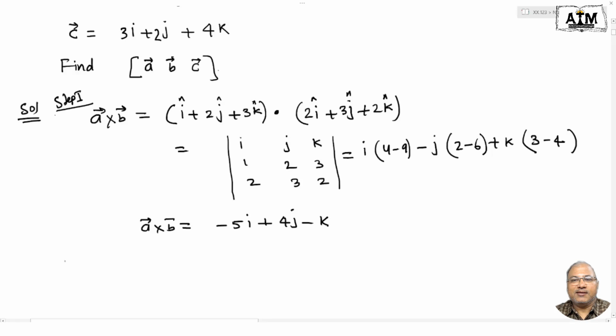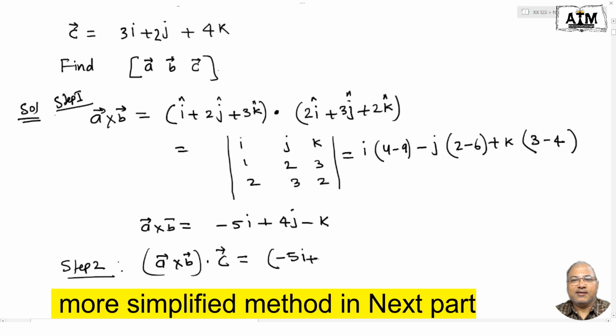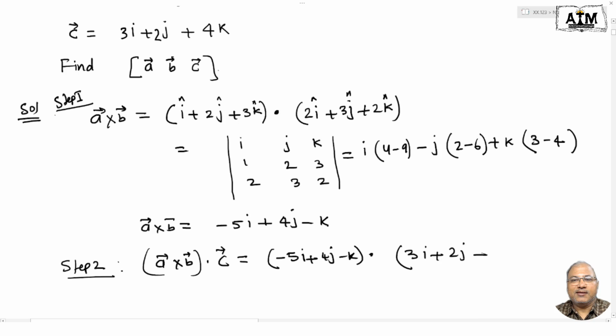Now in step 2, A cross B dot C, that is, the result of A cross B, minus 5i plus 4j minus k, dot C, where C is nothing but 3i plus 2j plus 4k.